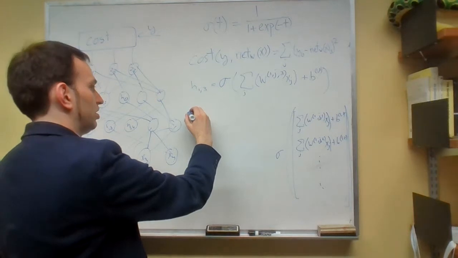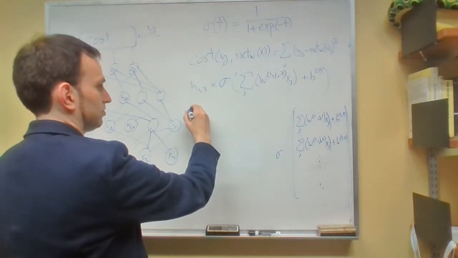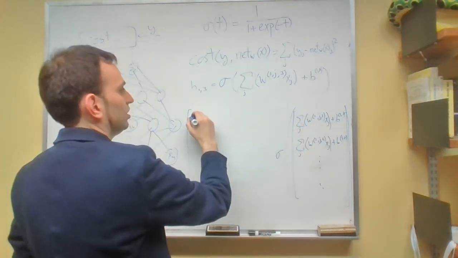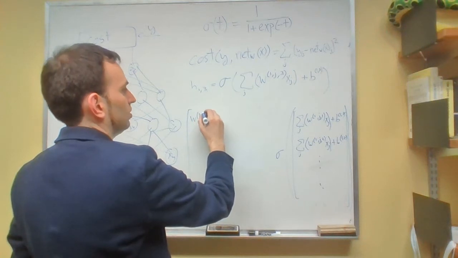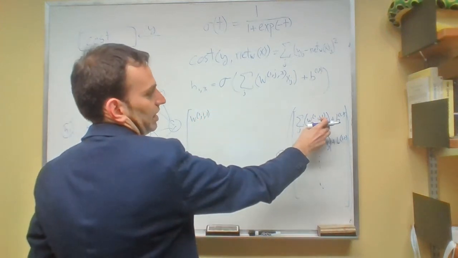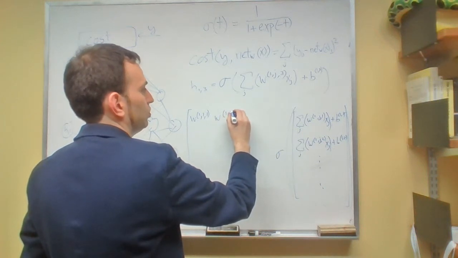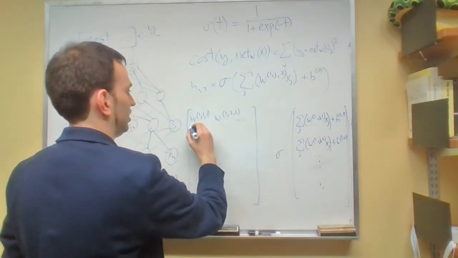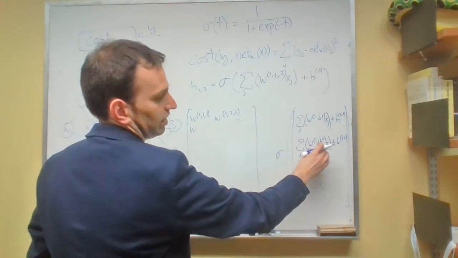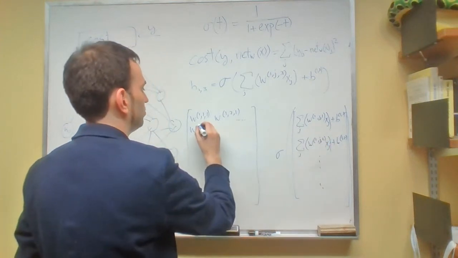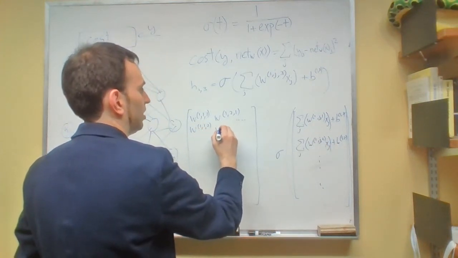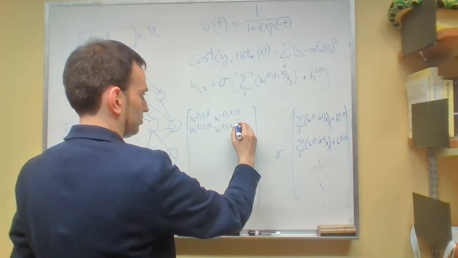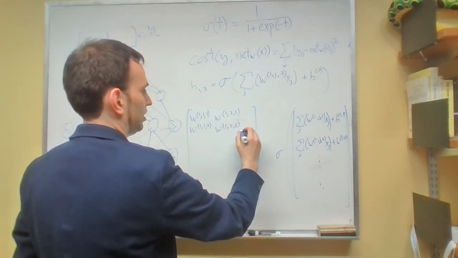It would look like this. The first row is all of those guys: W1,1,1, then the second element W1,2,1, and so on. And in the second row, we'd have W1,1,2, and W1,2,2, and so on.